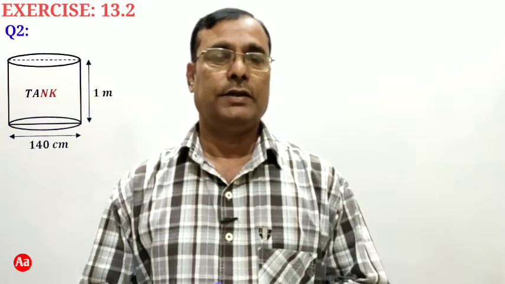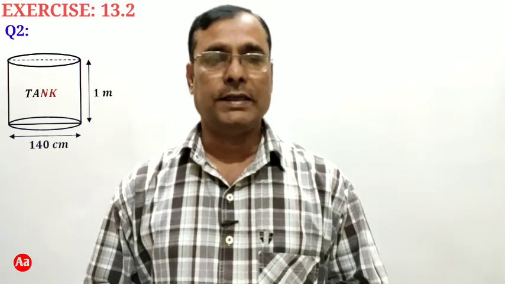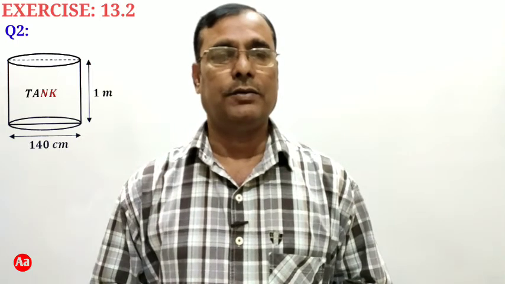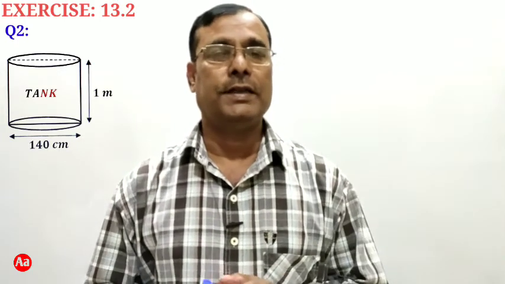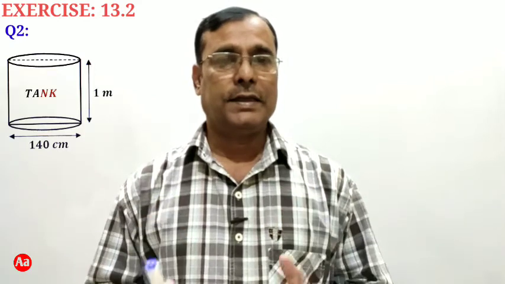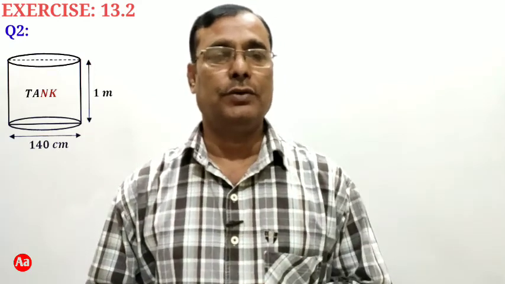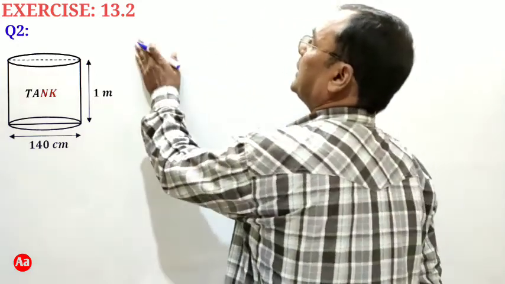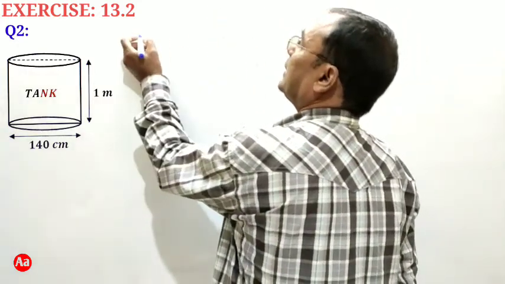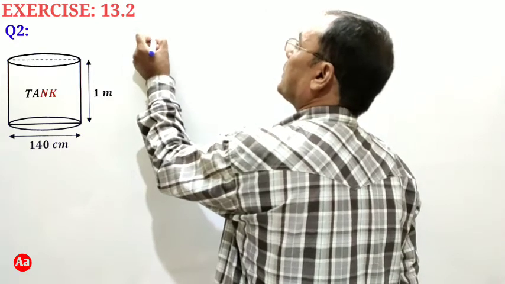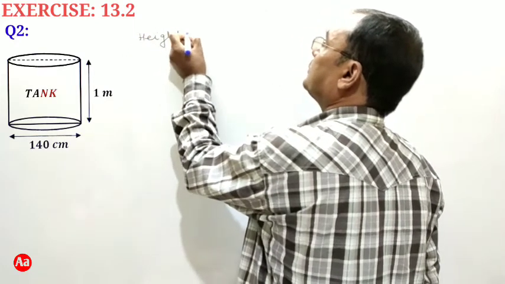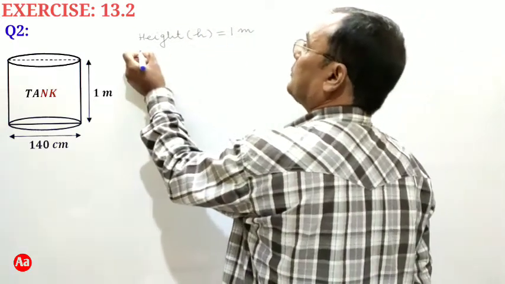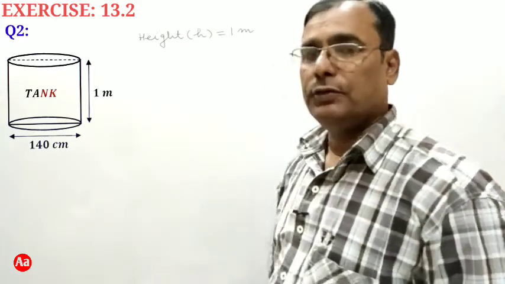We have to find total metal sheet that is used in the cylindrical tank. So for that we are going to find out total surface area of the metal sheet used in making the closed cylindrical tank.